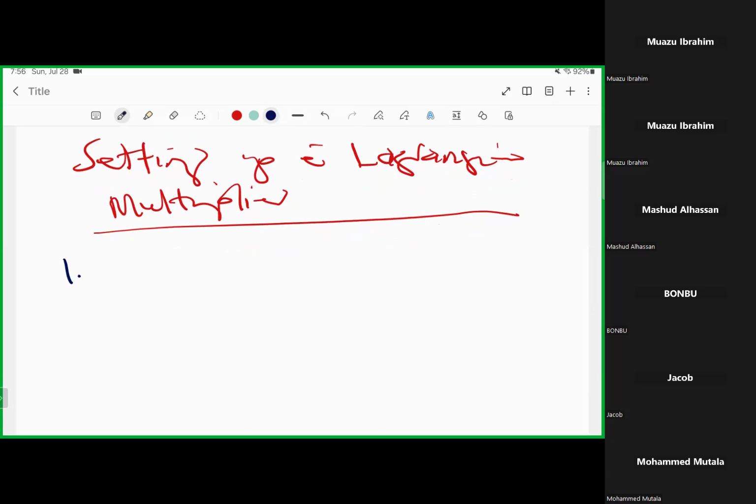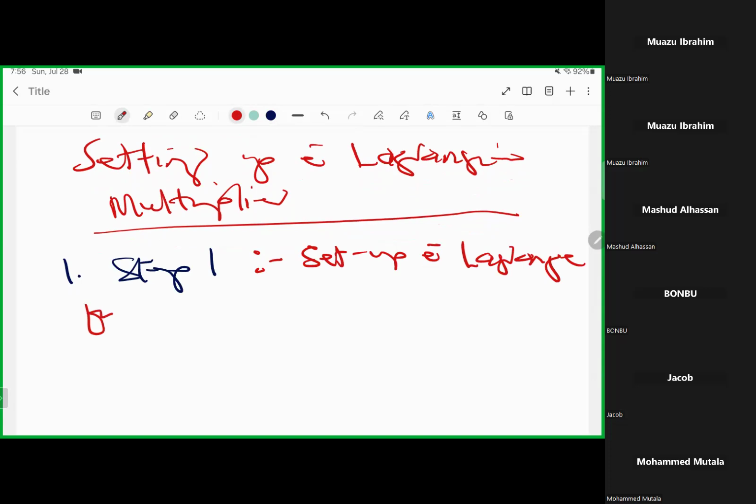So step one involves that you need to set up the Lagrange function.